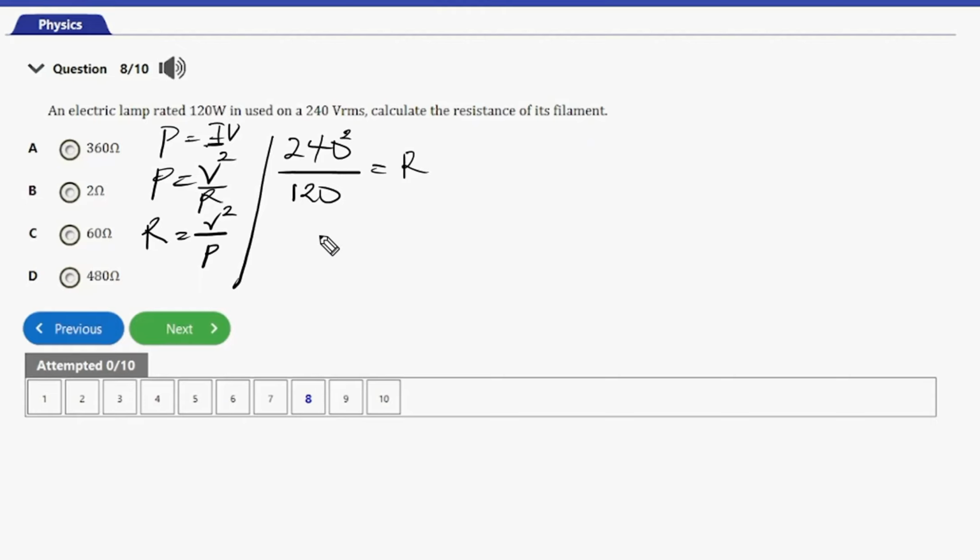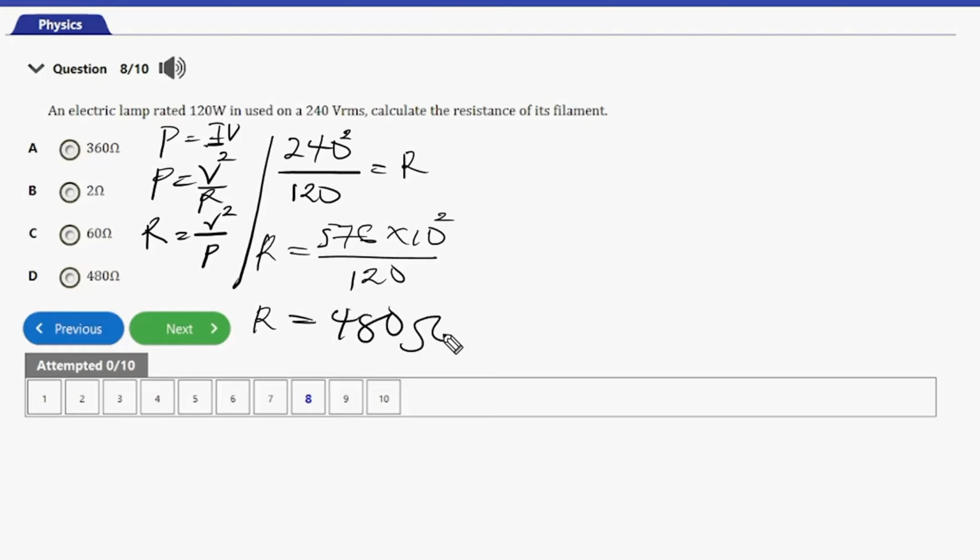So we're going to have R here to be 576 times 10 to the power of 2, and this over 120. So when you divide this, you'll get that R is 480 ohms, and that's option D here, guys. So that's the answer to this question.